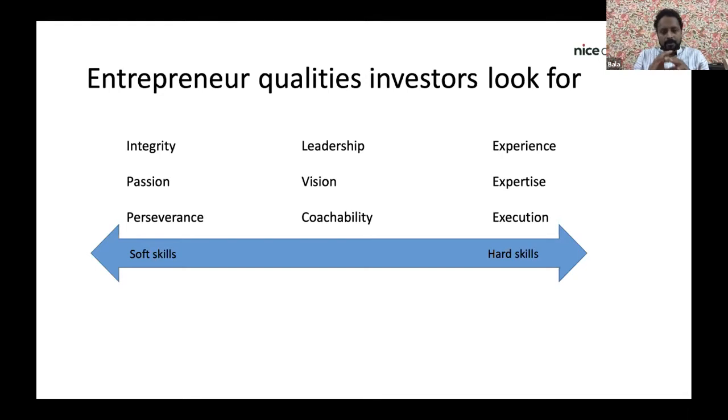Because almost 100% of businesses will go through ups and downs, and more downs than ups. So the investor, partner, or customer is looking at you: are you going to run away when you are in trouble? Are you going to stick with it, face all the challenges in front of you, and still deliver?